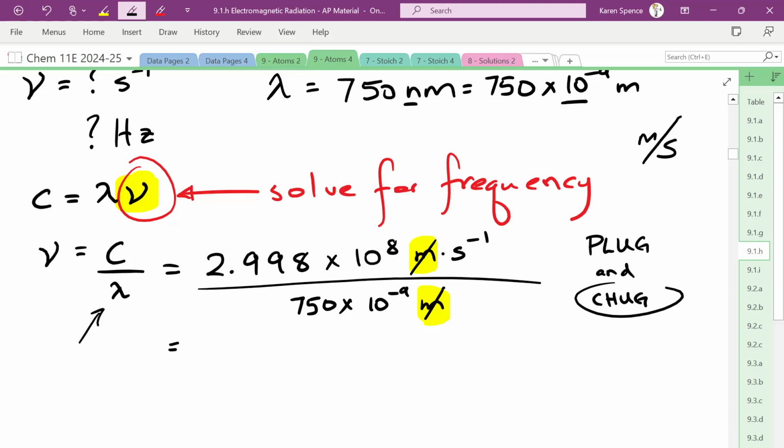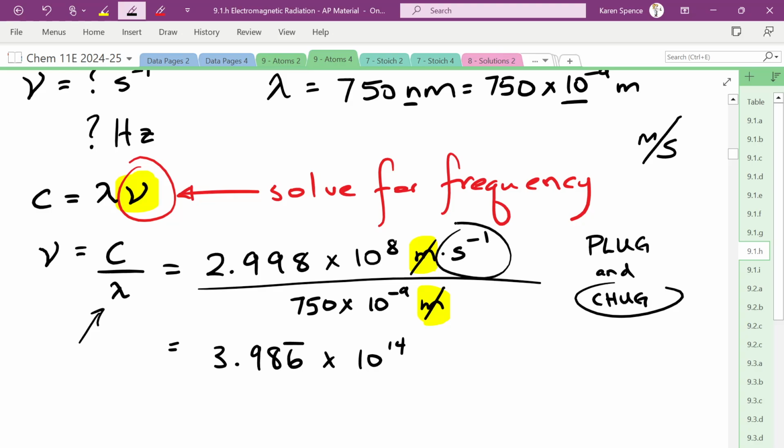Plug and chug. So 2.99 E8 divided by 750 E -9 equals 3.986 repeater times 10 to the 14.